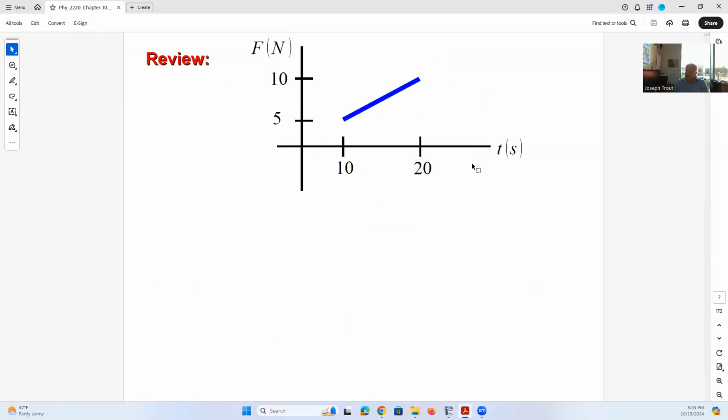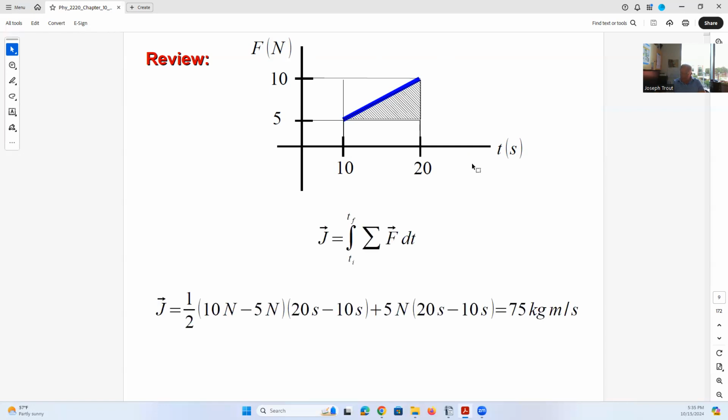Let's say we have a force that acts for 10 seconds, so it starts at t equals 10 seconds and ends at t equals 20 seconds. Let's say the force is linearly increasing with time, and we're going to look for the area under this graph. What we end up with is the area of the triangle, which is 1/2 times 10 newtons minus 5 newtons as the height, and 20 seconds minus 10 seconds as the width.